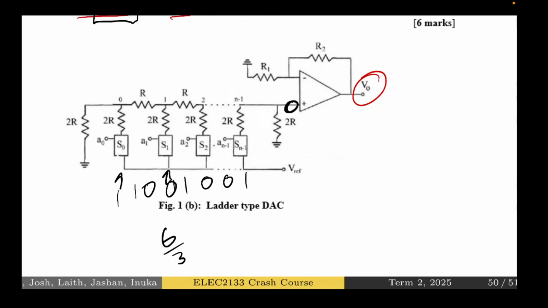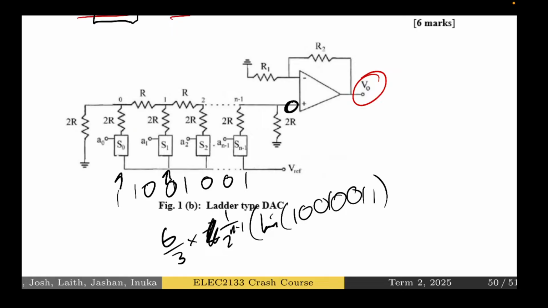We end up with 6 on 3, which is Vref on 3, multiplied by 1 on 2 to the n minus 1, and then chuck in binary 100100011, which is an 8-bit number.